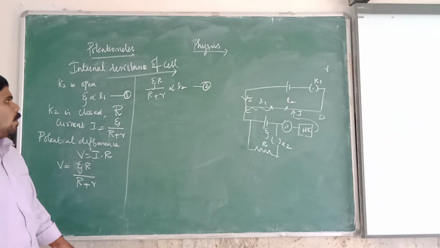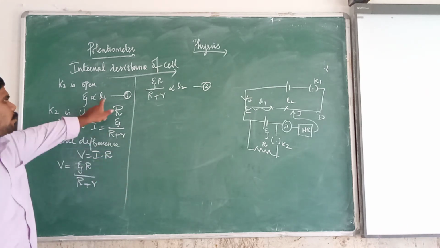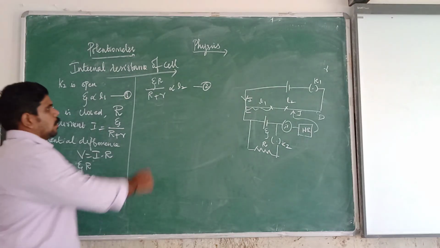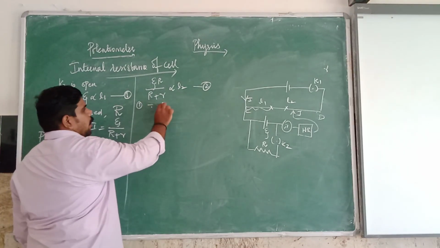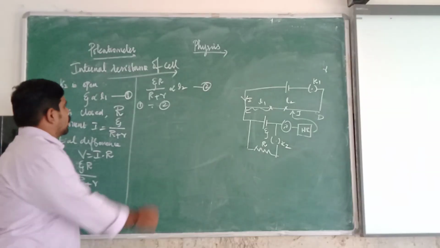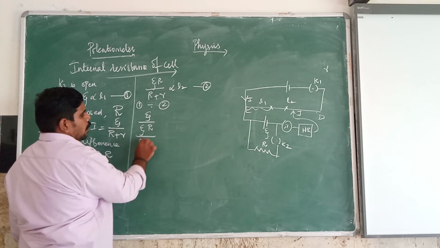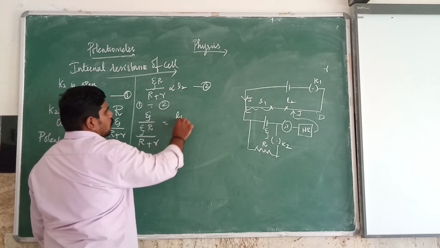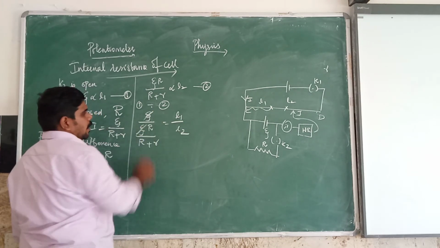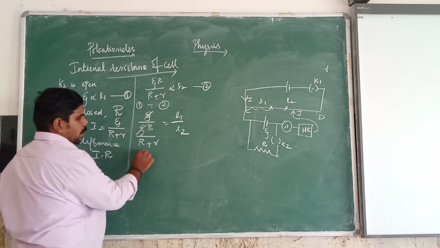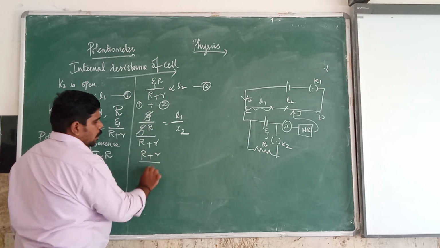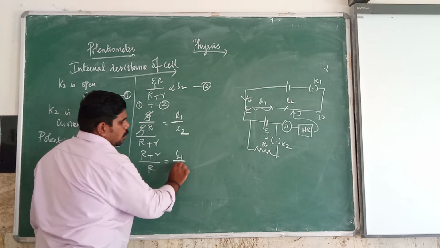Okay. Now we are going to divide equation number 1 by equation number 2. So psi by psi R by R plus r is equal to L1 by L2. Psi cancels. This term moves to the numerator. R plus r by R is equal to L1 by L2.